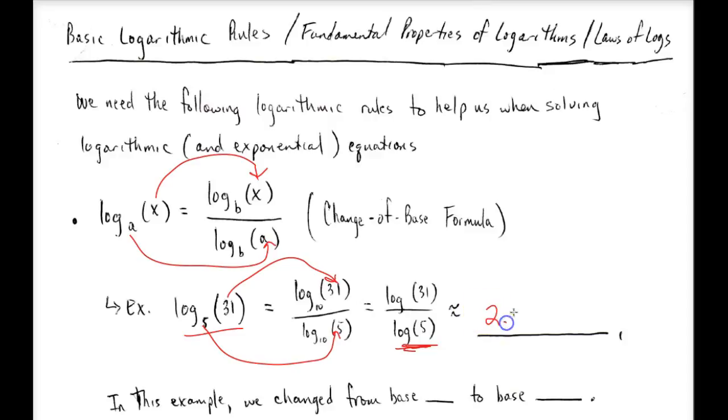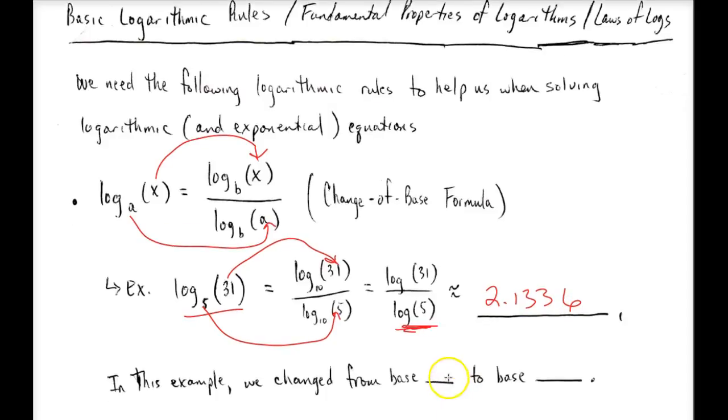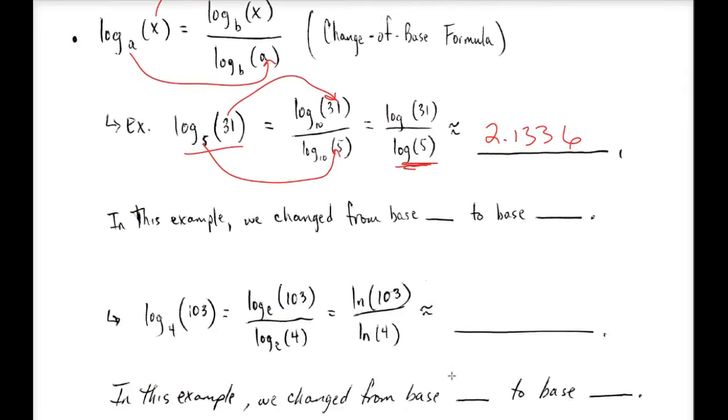And when we do this, we get an answer that is approximately equal to 2.1336. In this example, we changed the base from base 5 to base 10.